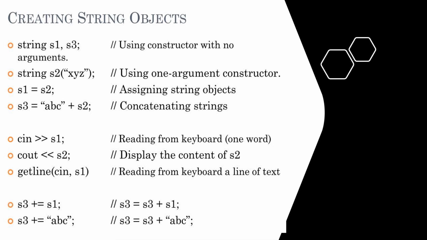After that we use the increment, meaning s3 plus equal to s1. So here s3 is equal to s3 plus s1, and if we take a string itself, s3 plus equal to double quotation abc, so s3 equals s3 plus that string. So these are the operations on string objects.